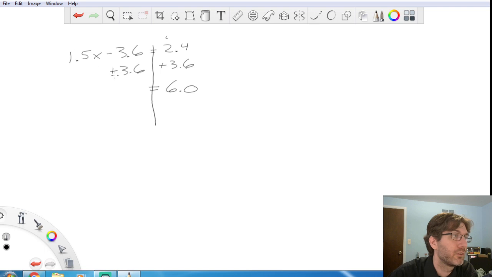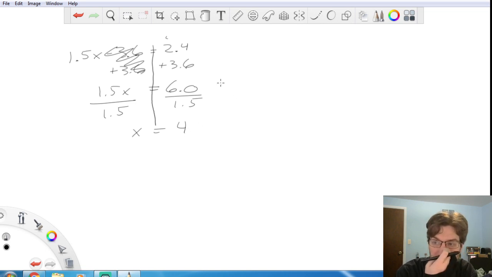That gives you 6, and over here you give you 1.5x. You're multiplying by 1.5x. This cancels. So divide by 1.5. Divide by 1.5. And x equals 60 divided by 15 is 4. Easy as that.